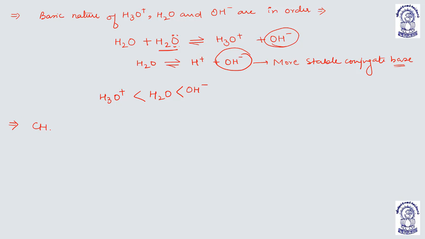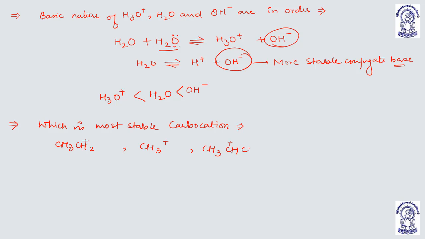If you want to find out the stability of carbocations, which is the most stable carbocation: CH3 CH2 plus, CH3 plus, CH3 CH plus CH3, and CH3 CH2 CH2 plus.